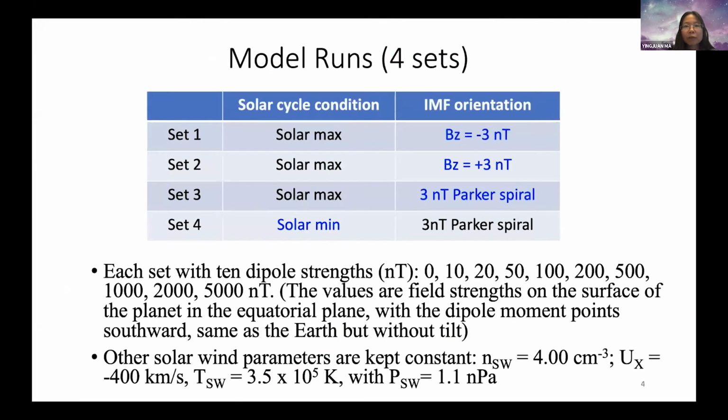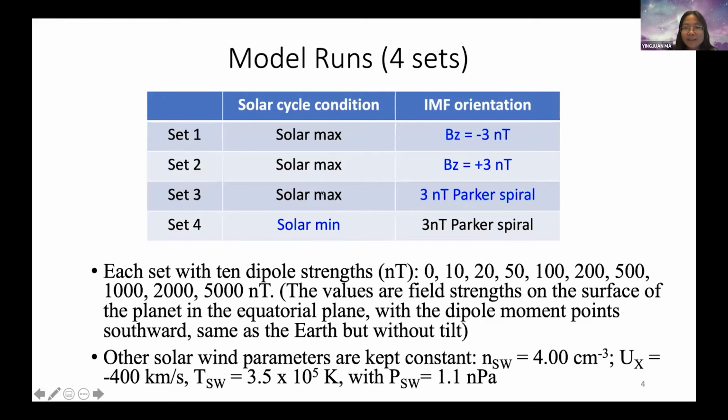So we did a total of 4 sets of runs as illustrated here. Each set contains 10 different dipole cases with dipole strengths ranging from 0 to 5,000 nanotesla. These values are field strengths on the surface of the planet in the equatorial plane. We assume the dipole moment points southward, same as the Earth, but without any tilt.